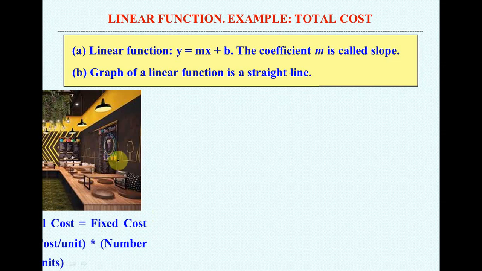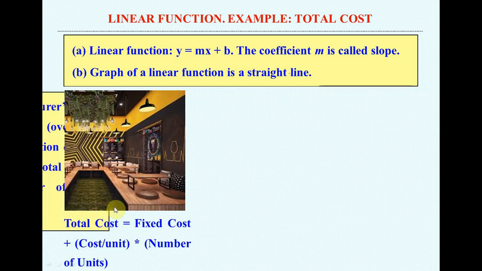And the second, variable cost, which depends on how many smoothies you sell in one day. The total cost will be the fixed cost plus the variable cost multiplied by the units.